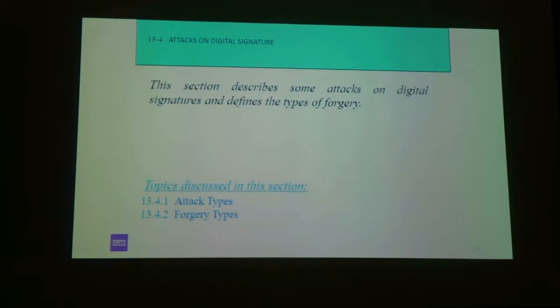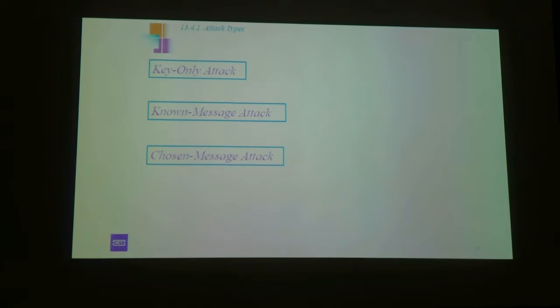Also, in terms of forgery types, there are two that could happen. The first one is existential forgery, where Eve may be able to create a valid message and signature pair, but not one that she can really use.